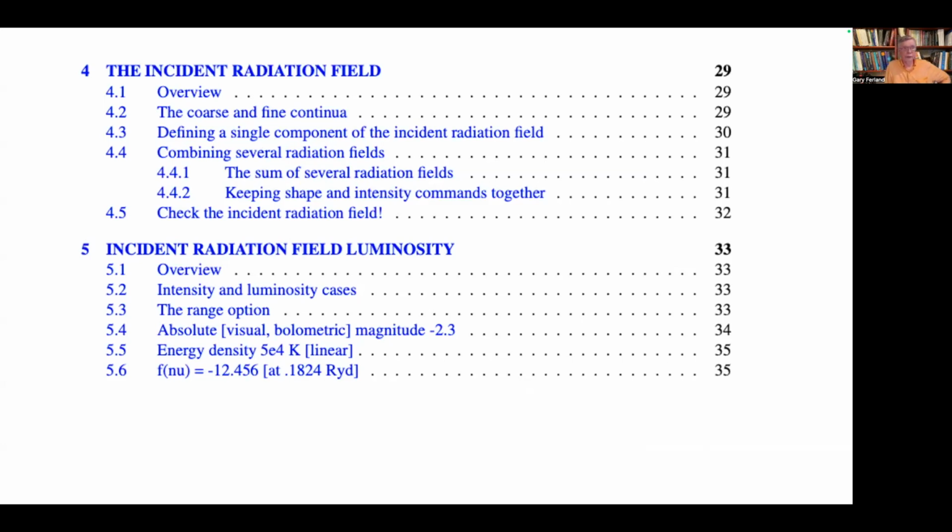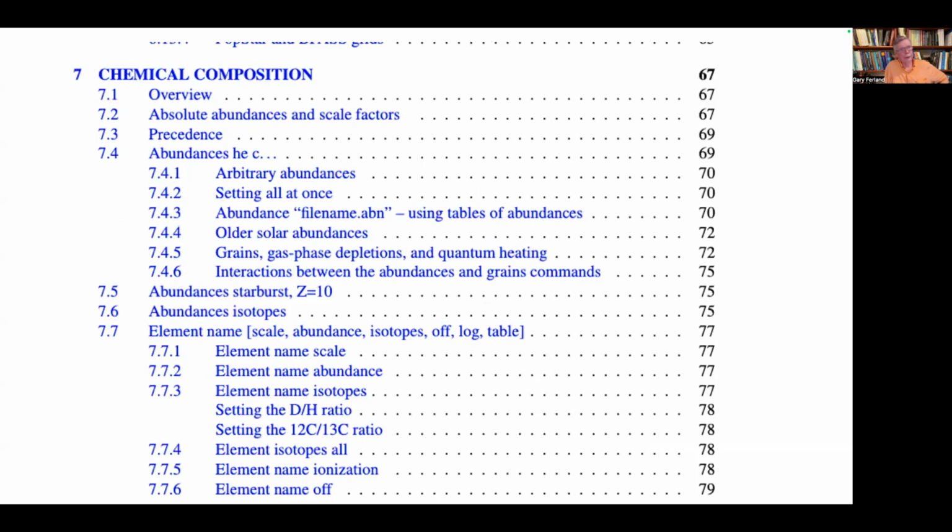If you're doing a photoionization model, you have to figure out the radiation field striking your cloud. There's sections on that. Chemical composition, by default, if you don't tell Cloudy to do anything, it'll be solar with no dust. You can tell it, for instance, interstellar medium depletions and interstellar dust.